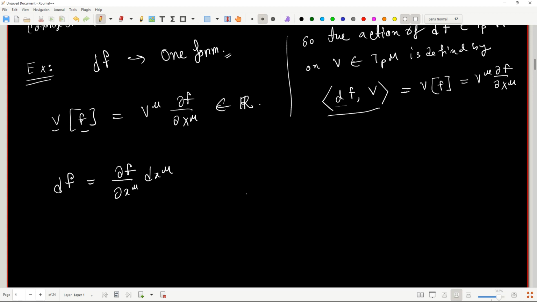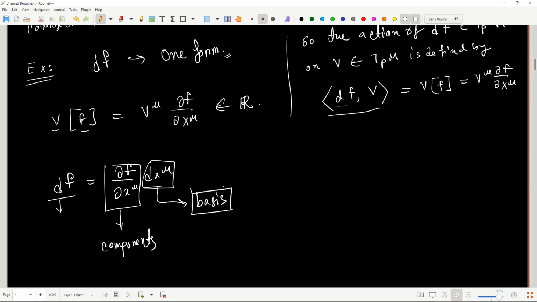Since we are calling these cotangent vectors or one forms, you can treat these quantities as the components and these quantities as the basis on the cotangent space. Okay, so these dx^mu are basis elements of T star P.